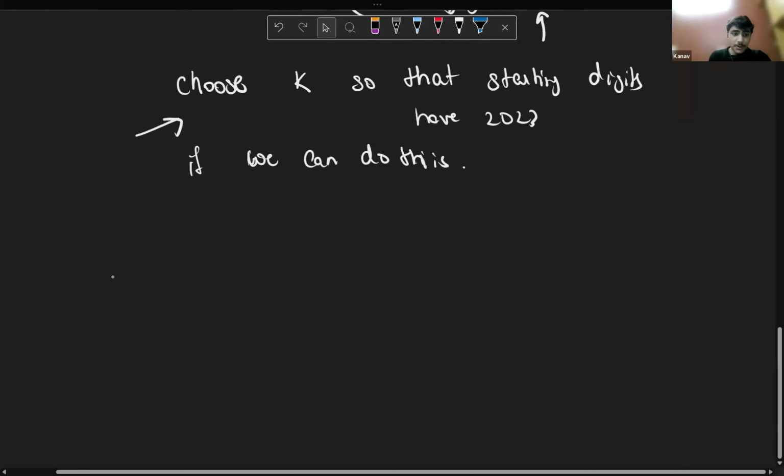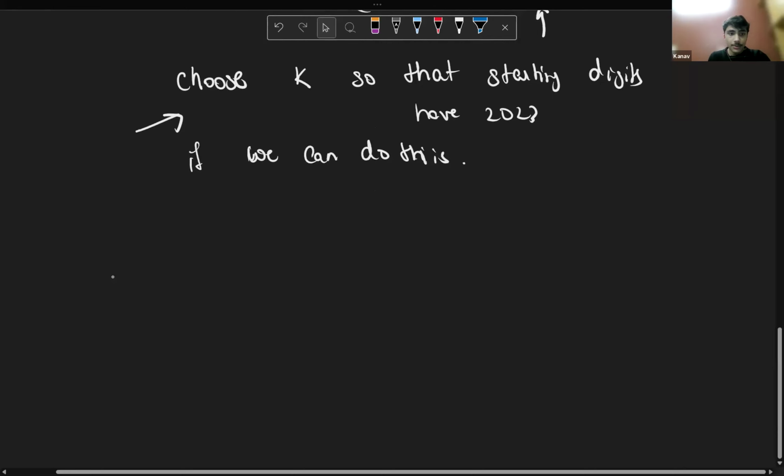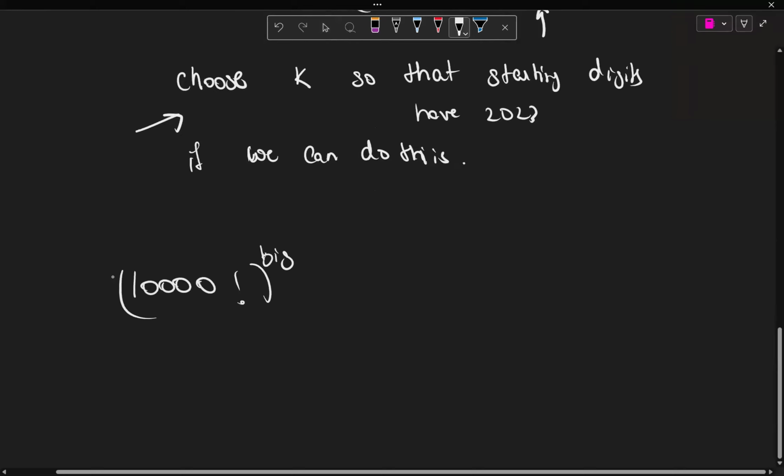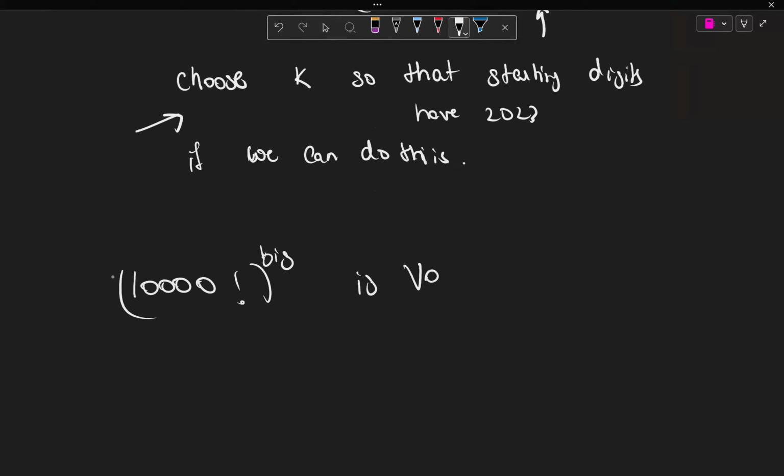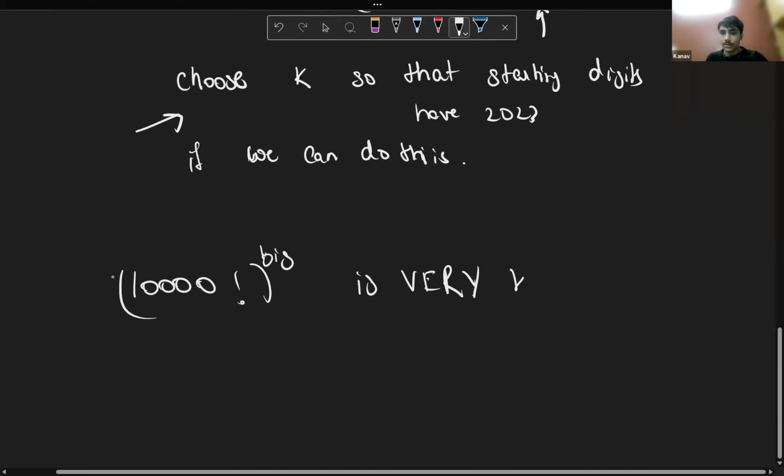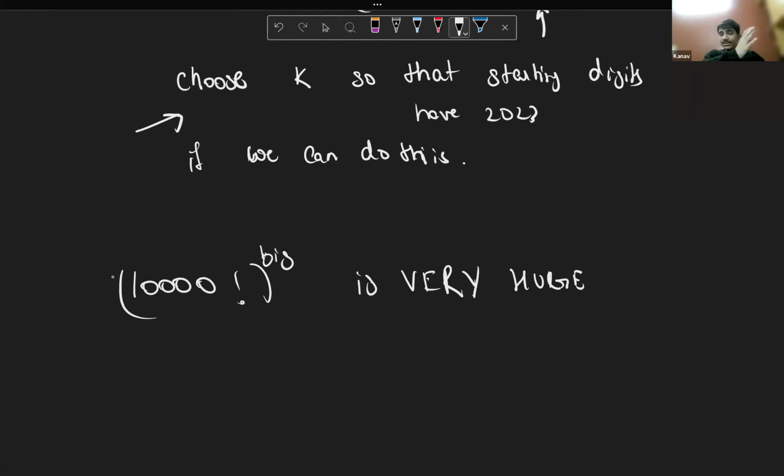So what he's saying is that my 10,000 factorial to the big exponent is a very huge number. Let's make it very huge. And when I'm slowly changing k, the first digits don't really change much, right?